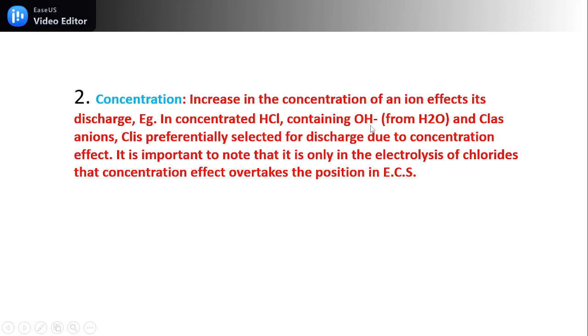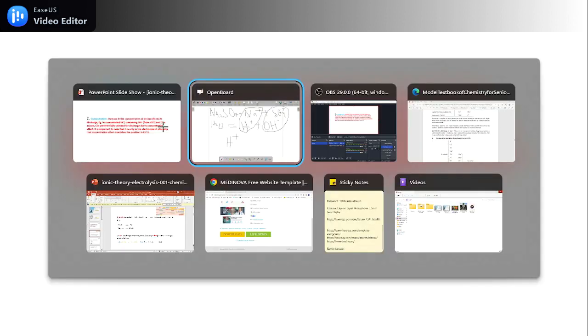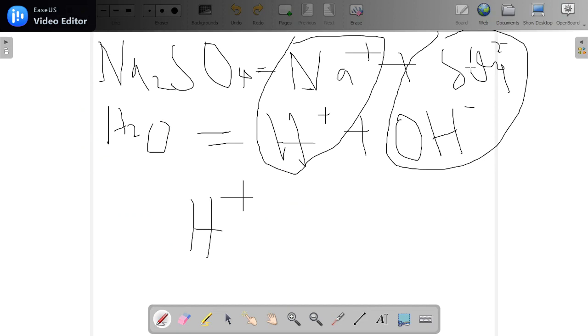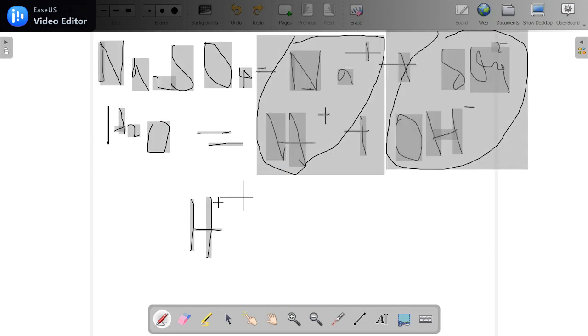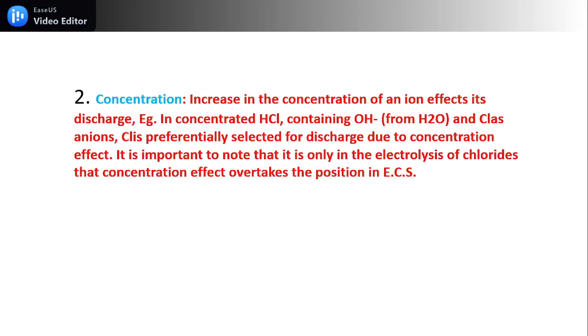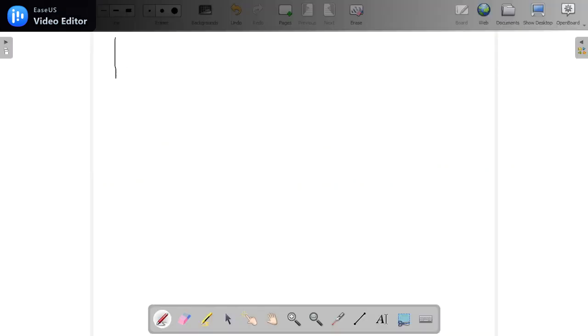containing OH minus. When you are given a question like this, and you are trying to figure out the one that will be selectively discharged, we need to write out an equation like this. So in concentrated HCl, containing this and this, let's do that now. We have HCl, we also have the water here.